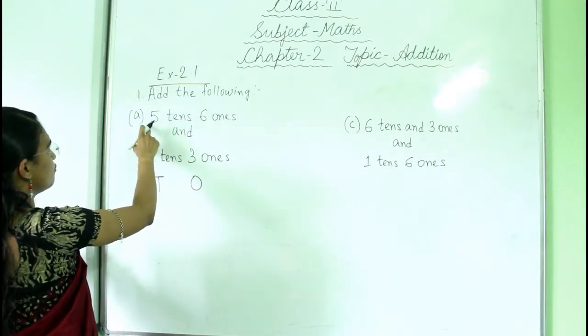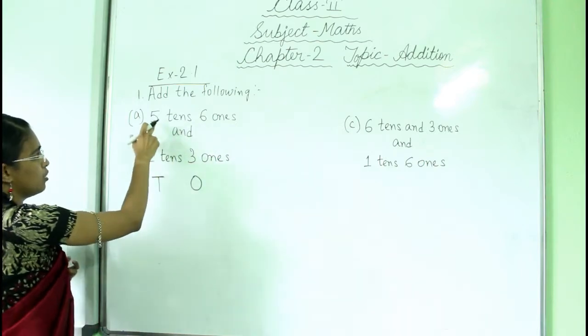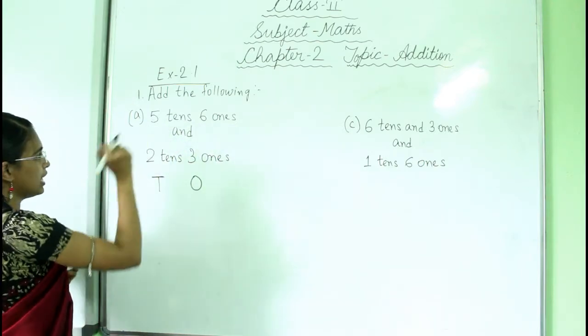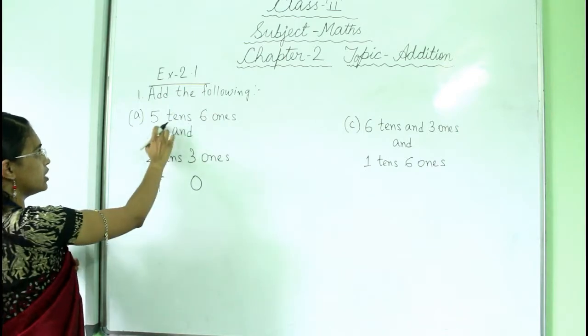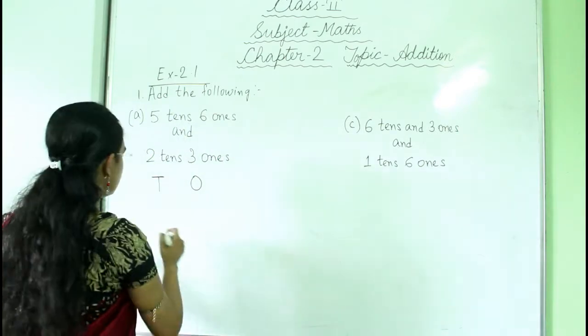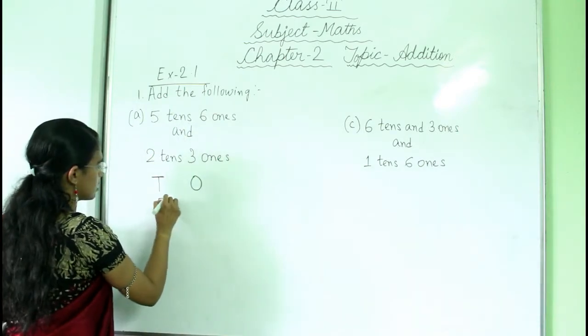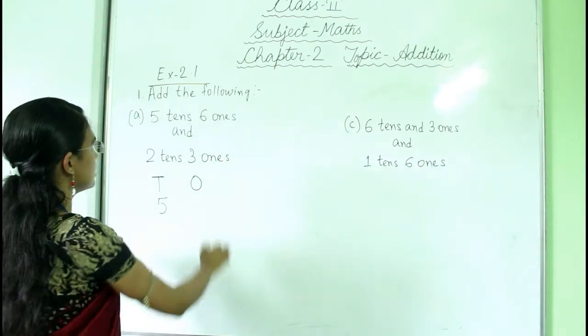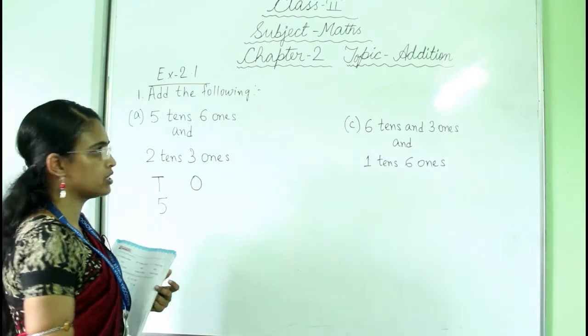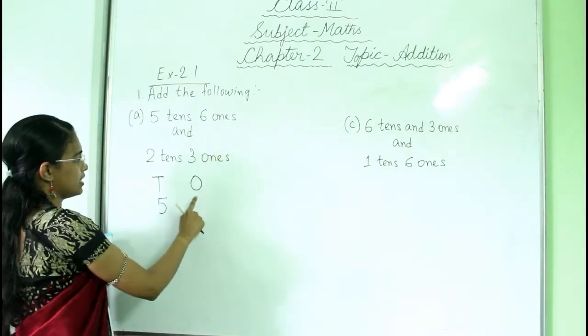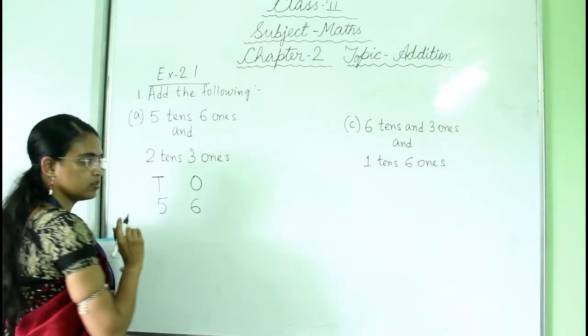So here in this part, what is written here? 5 tens. So this number 5, where we have to put it, in ones place or tens place? It is already written here tens, so we have to put 5 in tens place, that is T. Then what is this? 6 ones. So we put 6 in ones place, that is O. Done.